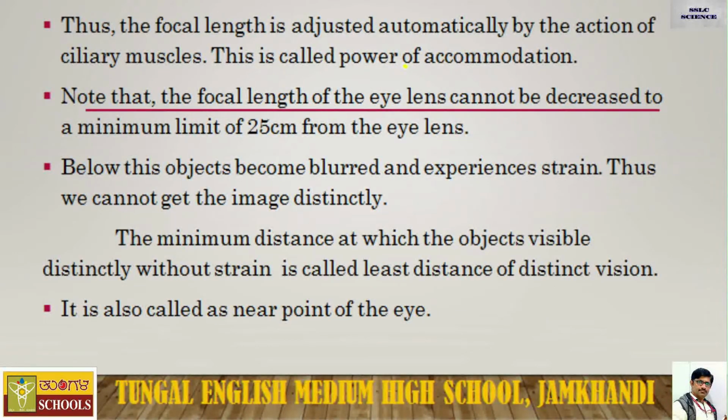Thus, the focal length is adjusted automatically by the actions of ciliary muscles. Their action adjusts the focal length of the eye, and hence it is known as the power of accommodation. Note that the eye lens cannot decrease its focal length beyond a minimum limit; the object cannot be brought closer than 25 centimeter from the eye.